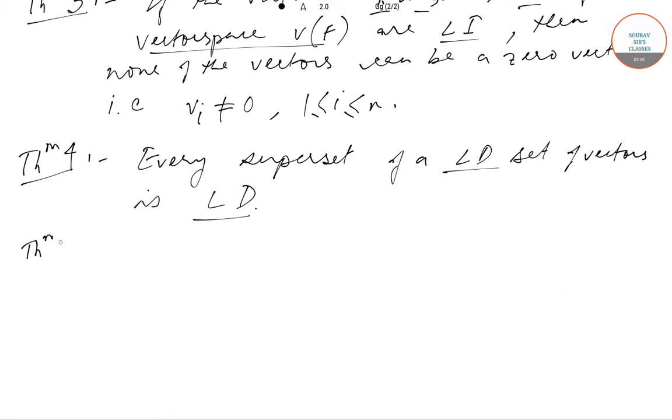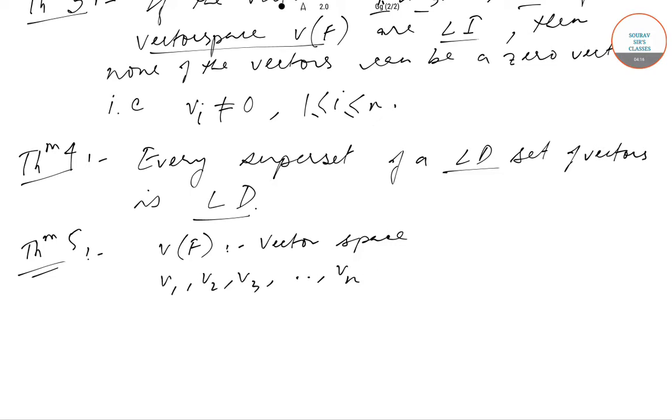Now theorem 5 states that let us have a vector space, suppose Vf. And then we have vectors v1, v2, v3 up till vn of V, and these vectors are not equal to 0, or they are non-zero vectors.